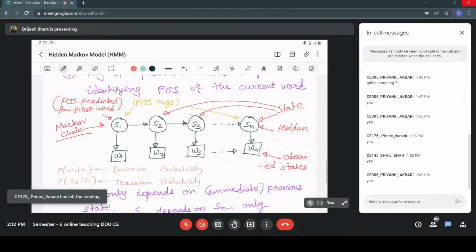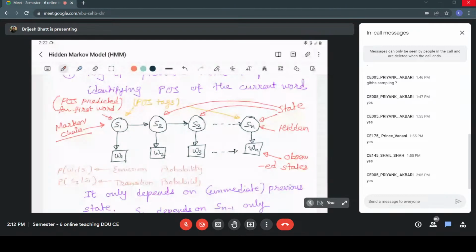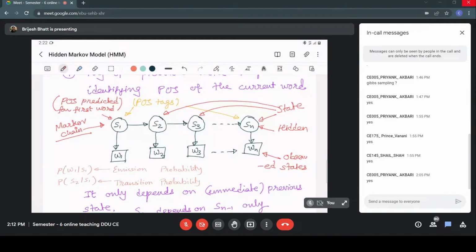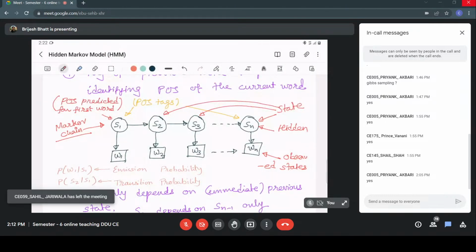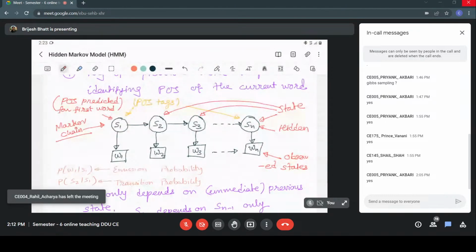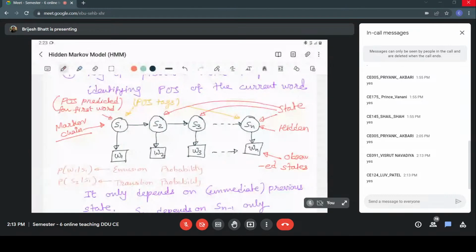Can someone confirm? Birwa, Vishrut, Kenil, Vidit, Shubham? Are you listening? I'm not sure if you are paying attention. Vishnu says yes. Love says yes. Okay. Birwa, as usual, is not paying attention.